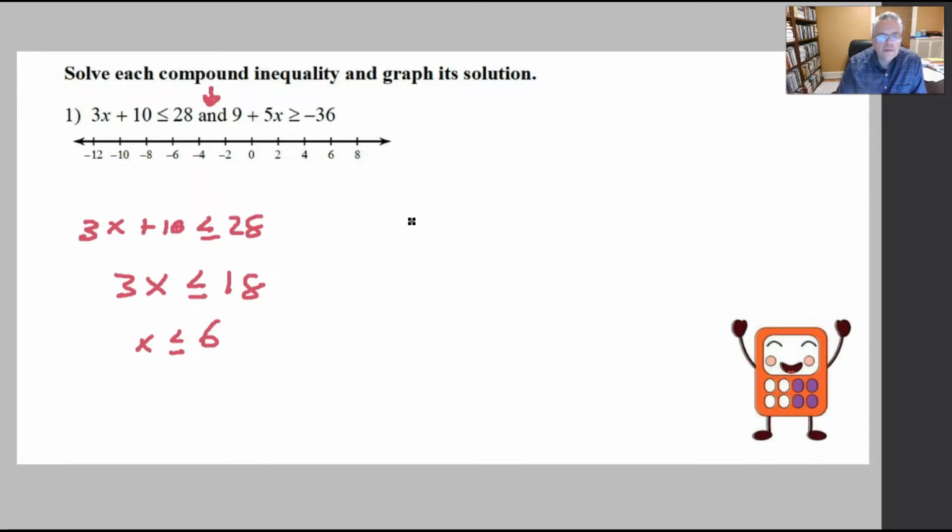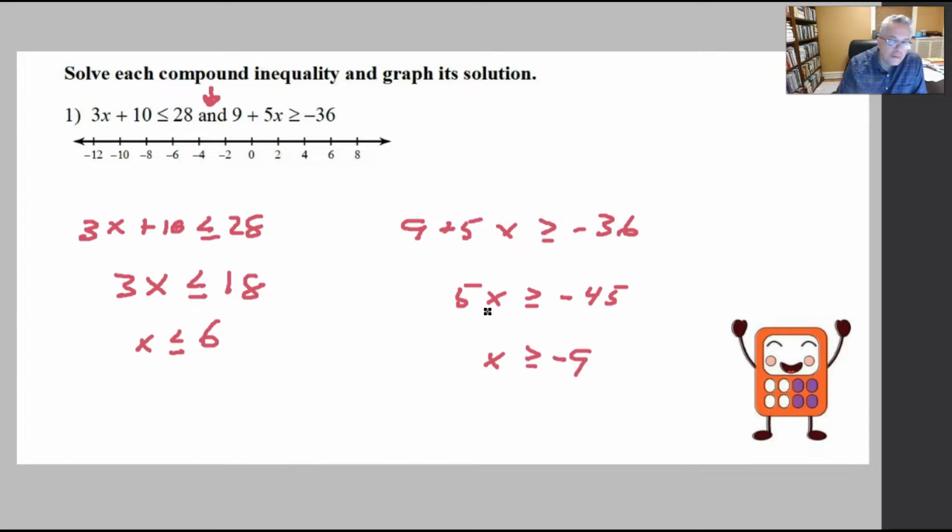On the other one, we have 9 plus 5x is greater than or equal to -36. I'm going to subtract 9 from both sides. So that makes it -45. And I'm going to divide by 5. I get -9. No flip because I divided by a positive 5.